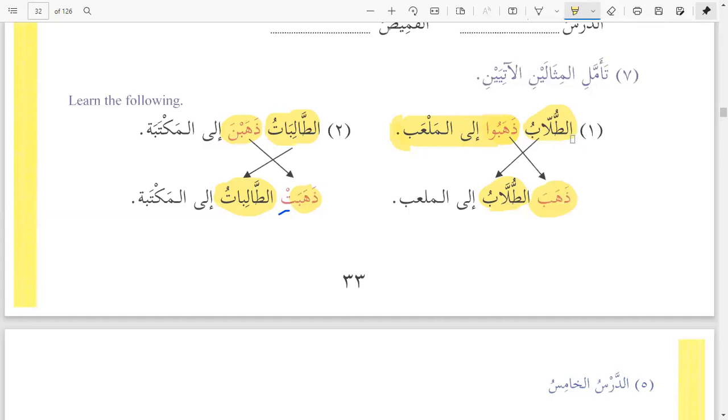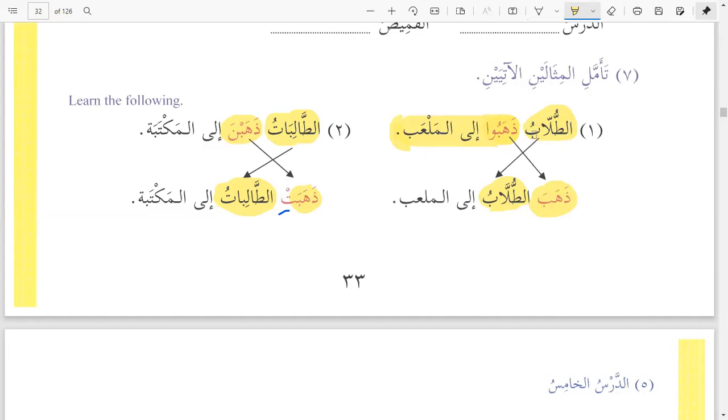Then the second is that in nominal sentences, we use the verb after the noun. At-tulabu zahabu. The verb is coming after the noun.